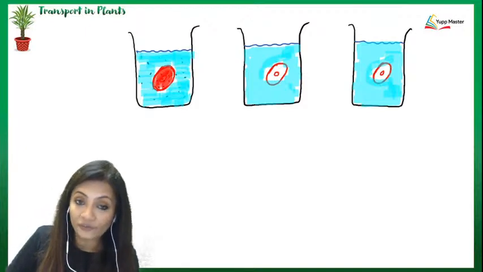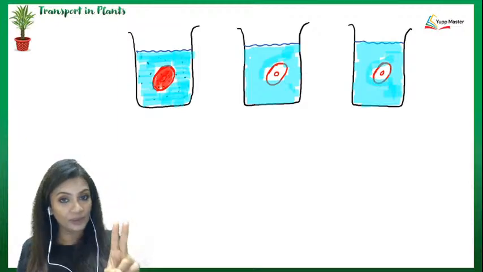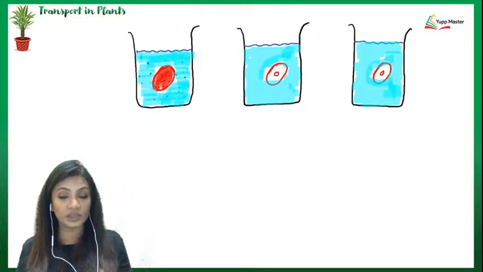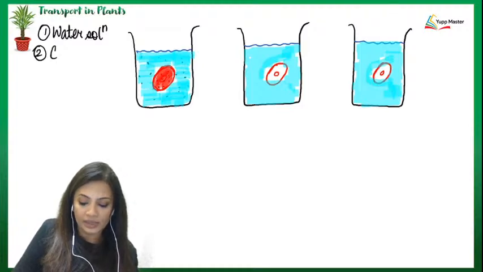Yes, so I have two things here. Remember, tonicity means two solutions. I have my two solutions. Which are my two solutions? My first solution is the water solution, and my second solution is the cell or the RBC.